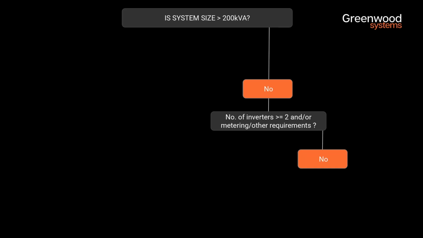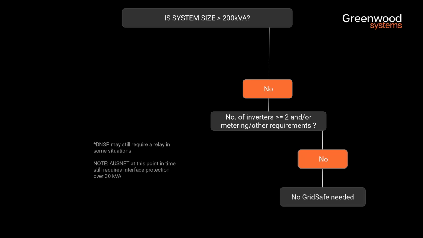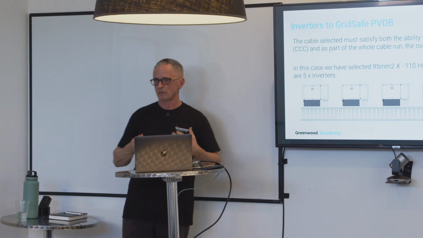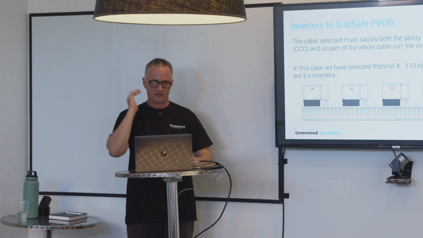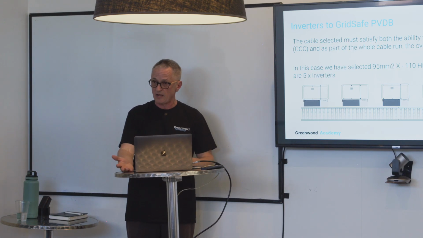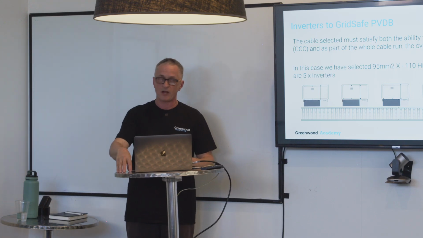So if the answer is no and no, in other words, the number of inverters is not greater or equal to 2, it's 1, well then, no grid safe needed. We've had a lot of conversations with customers and installers who go, oh, I've got this cable, I selected this, it's fine. You go, yeah? You haven't gone into the derating. Oh yeah, but this, that.